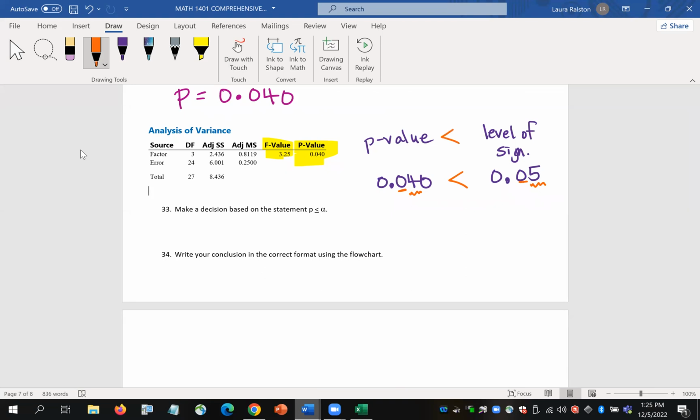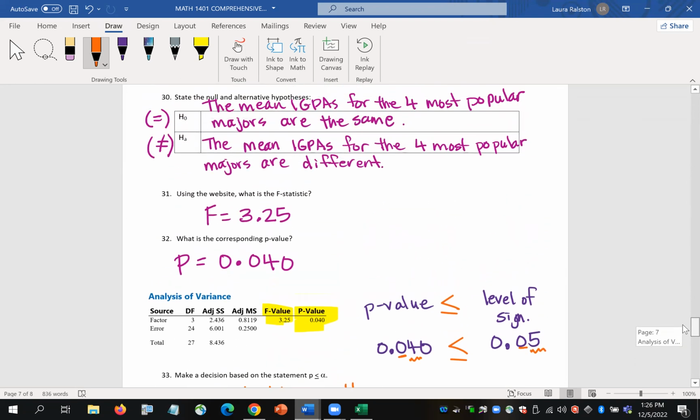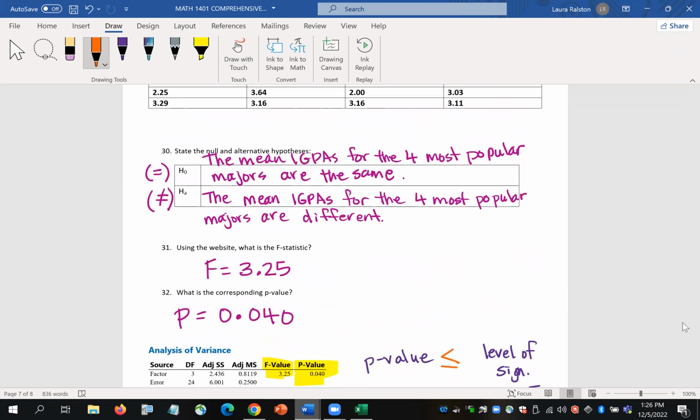P is less than or equal to the level of significance. Whenever P is less than or equal to the level of significance, you reject the null. If I reject the null, that means the null is false and the alternative is true.